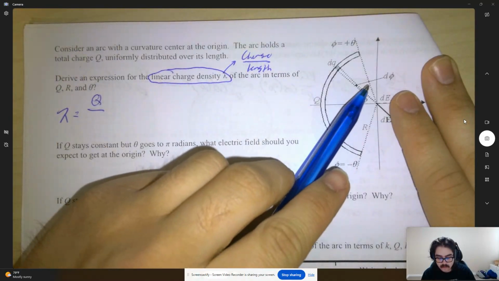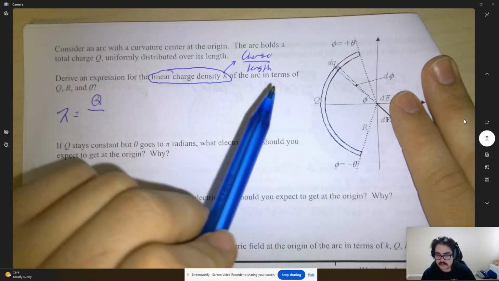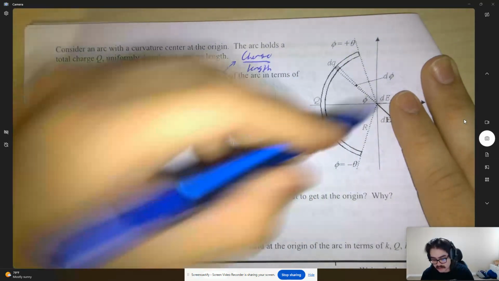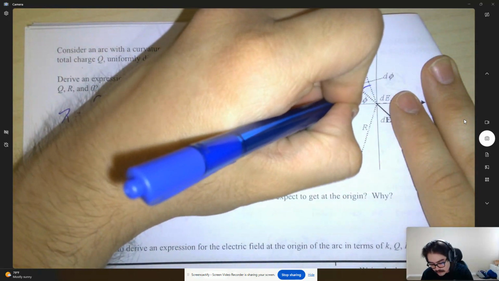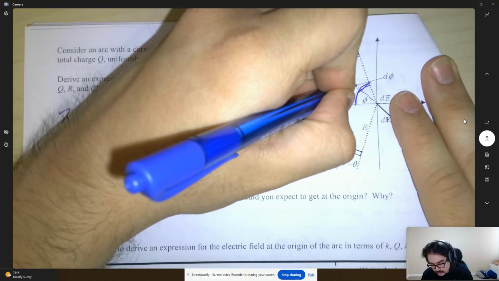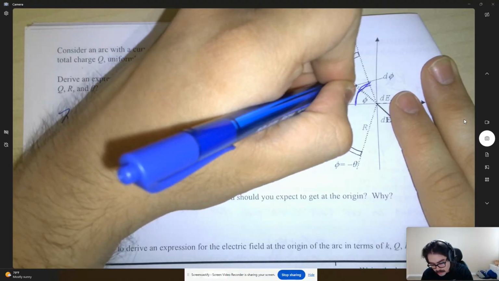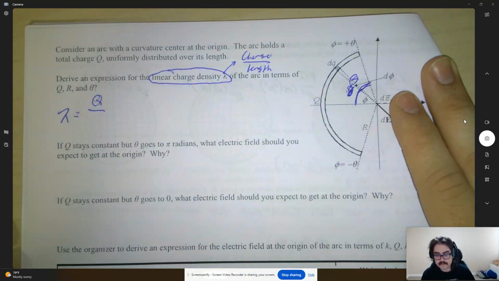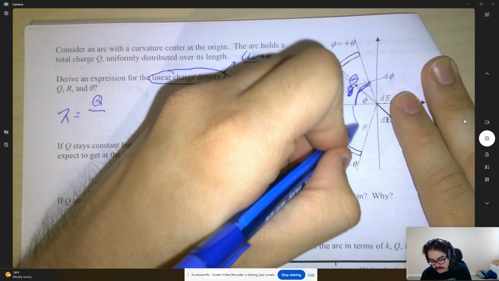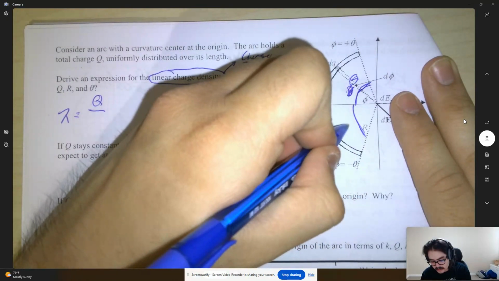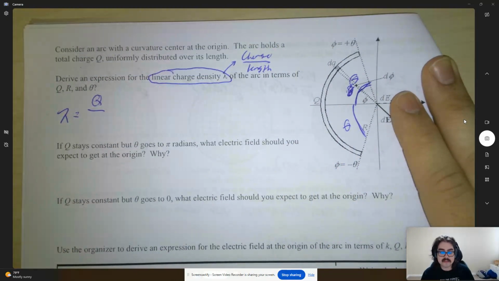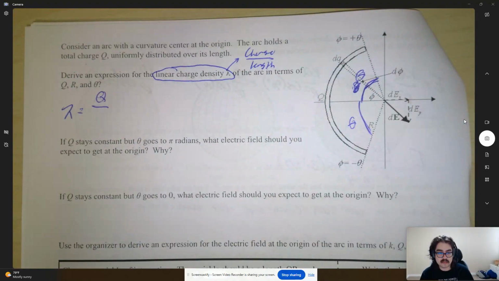Just to note, theta is just the angle from here to here. This is theta. Or why did I draw an 8? This should be a theta. So that means that from here to here, it needs to be also theta. So it had to be 2 theta. The whole angle of the arc is 2 theta.